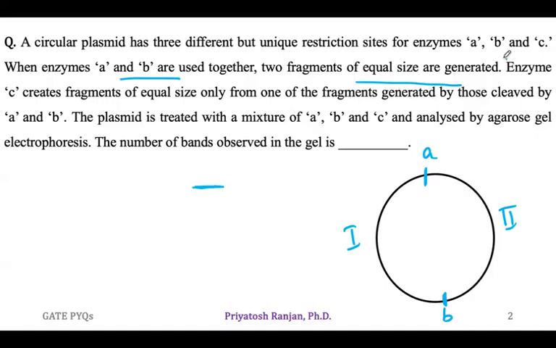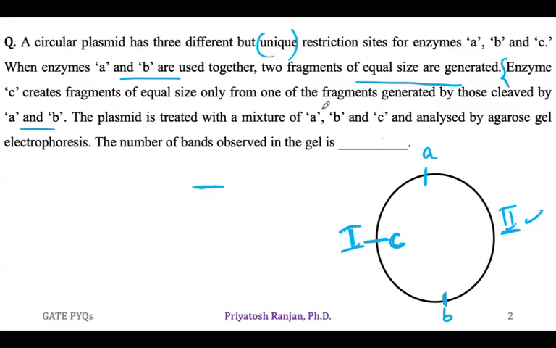Now, the second part of the question says, enzyme C creates fragments of equal size only from one of the fragments generated by those cleaved by A and B. So I can consider any of these fragments, 1 or 2. And as mentioned already, all these restriction enzymes A, B, and C are carrying a unique site. So let's place C somewhere here. You can either place it on this end or this end. I'm placing it here.